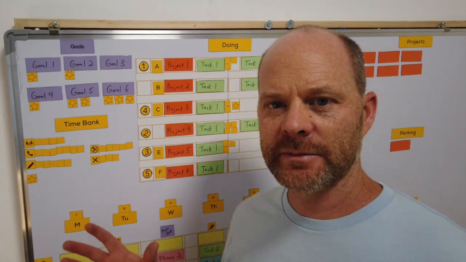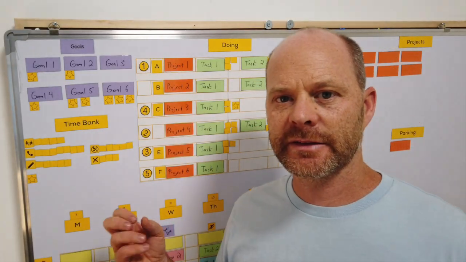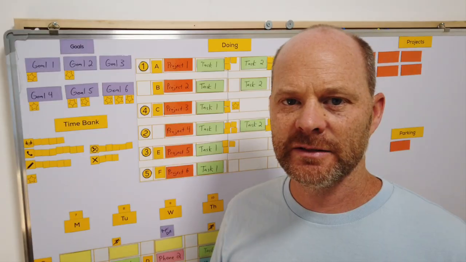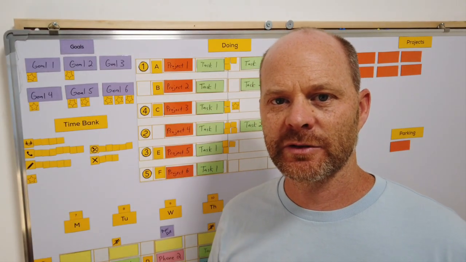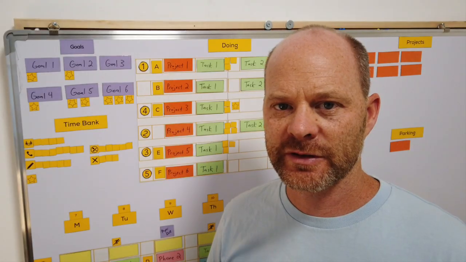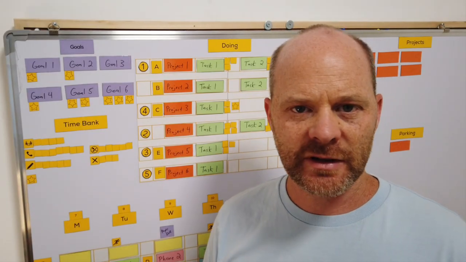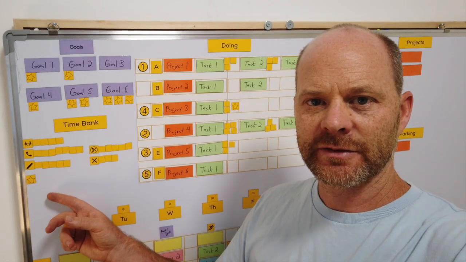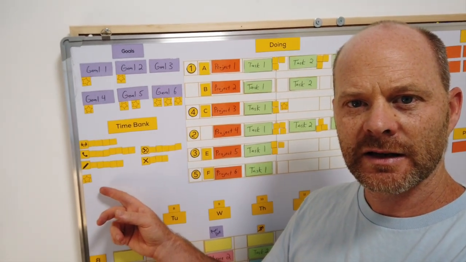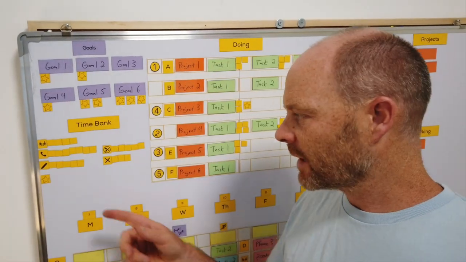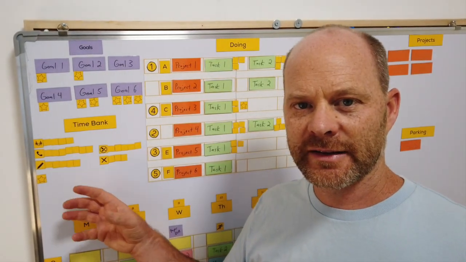The last thing I didn't mention about the time bank is it might be useful to design a certain cushion into your week so that you don't completely fill out every hour of your schedule. Things always change. What I've done here is I've added a star as a category.